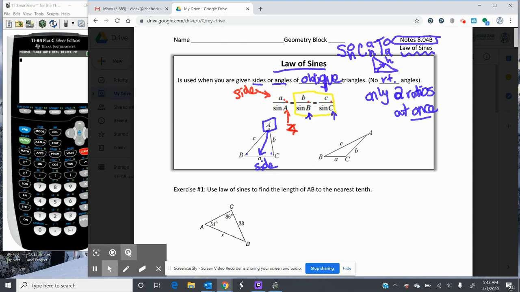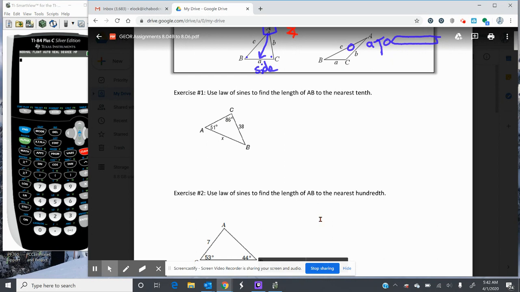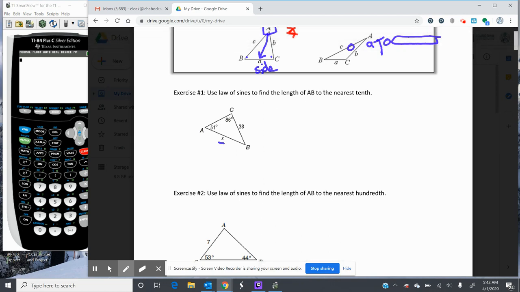Let's jump into exercise 1. Use law of sines to find the length of AB. So AB already has the x on it. And how this relationship goes, remember, it's side over sine of its opposite angle. So side here, measure is x. So from A to B is what we're trying to find.